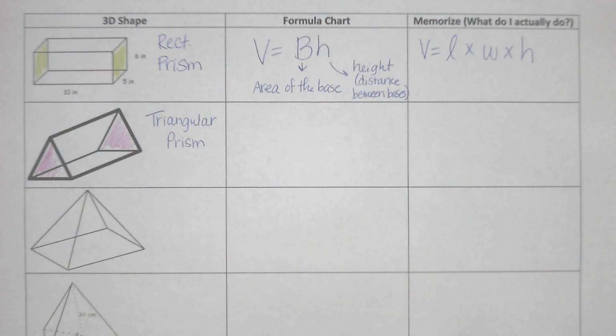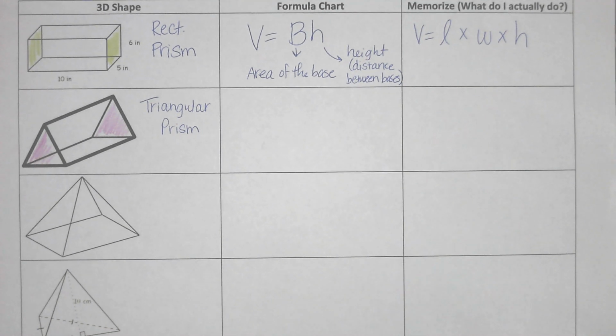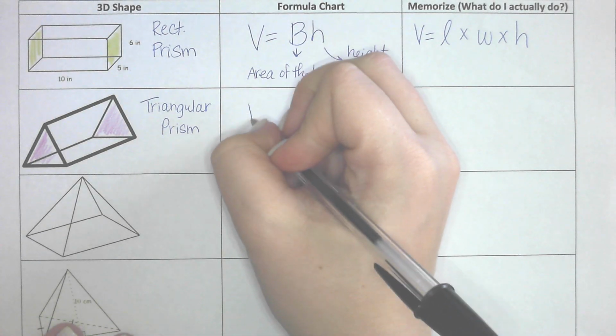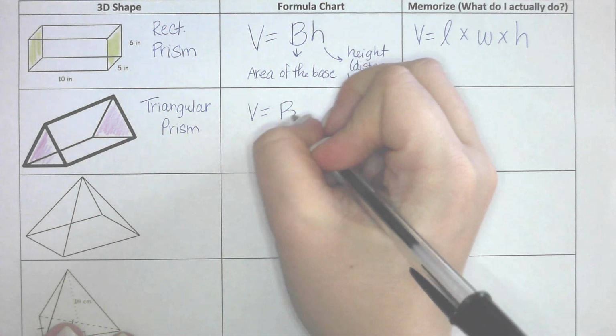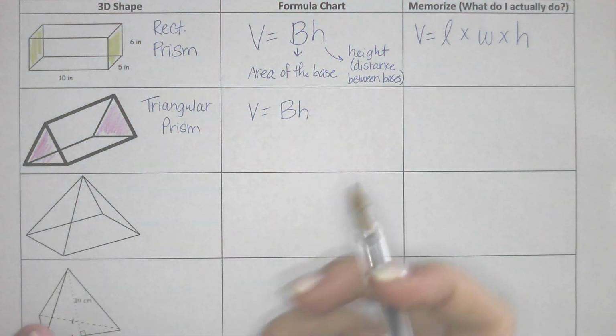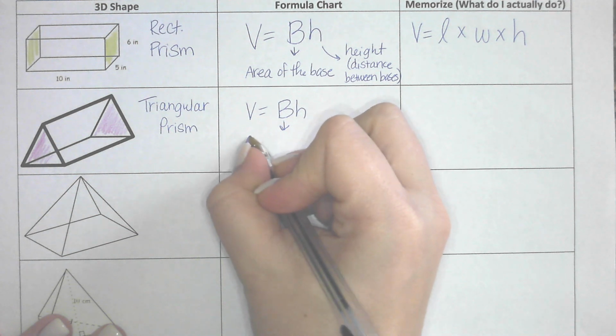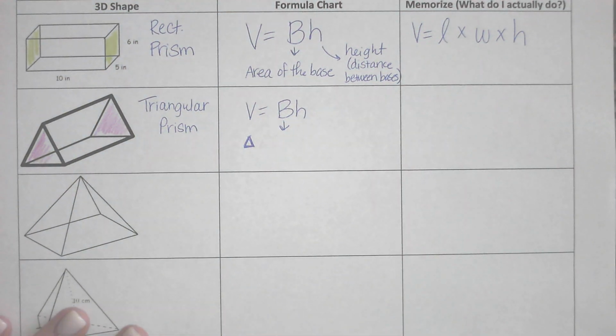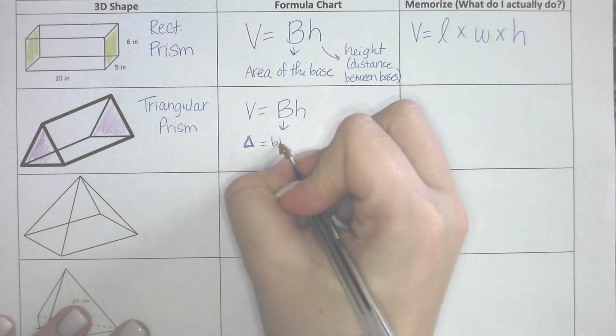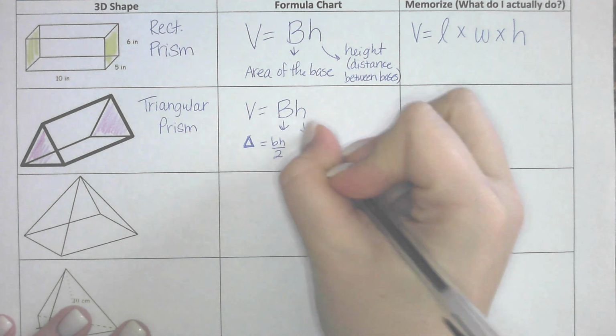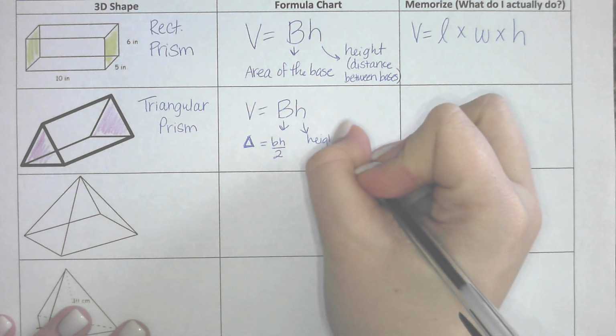So the triangles are your bases, okay? So formula chart's going to say the same thing as before. V equals big B times H. Not super helpful. The area of the base, because you're getting the area of a triangle, that's supposed to be a drawing of a triangle, you would do base times height divided by 2, and then times the height of the prism.